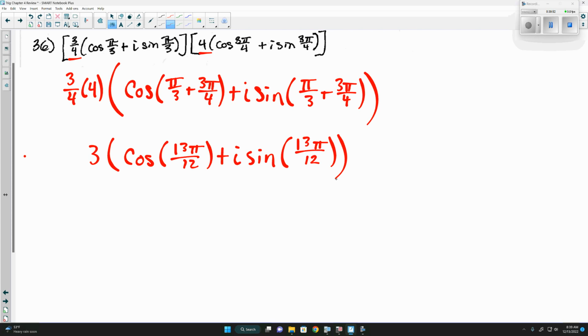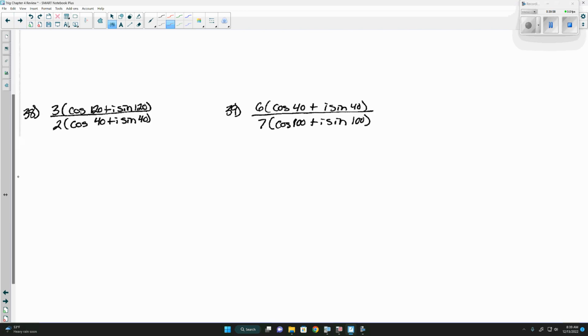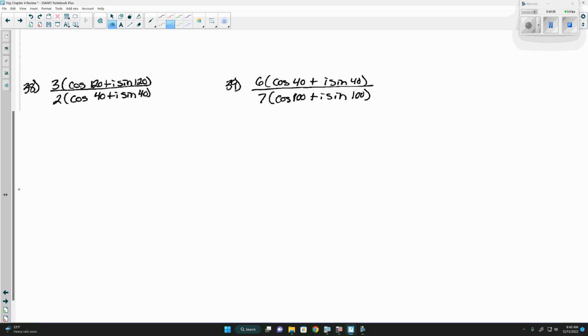Let's flip the page. I think we're good with multiplication, yes? Let's look at division. Now with dividing, neither one of these is nice. And when I say nice, it's because our r values don't simplify. We can look at 38.